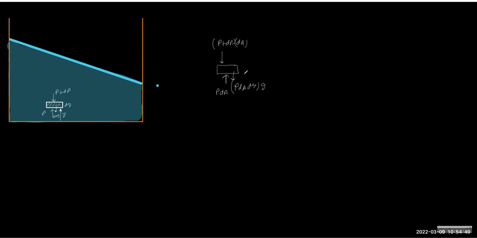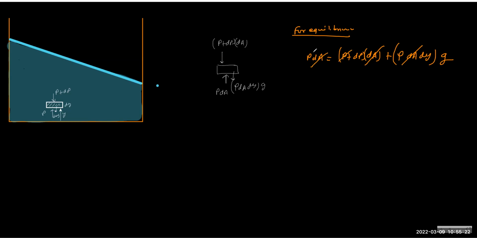Then for equilibrium, the upward force, only one, P dA, is balancing the downward force, which is (P plus dP) into dA plus rho dA dy into g.